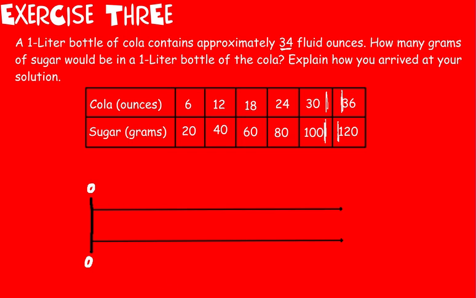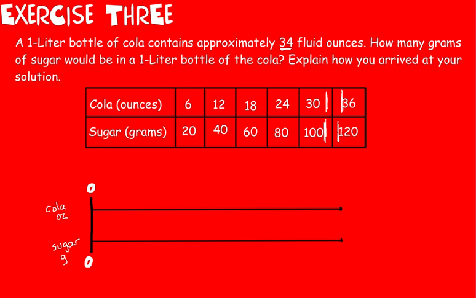But now here, since I'm giving them labels, I know that the top is going to be my cola, and it's in ounces, and the bottom is going to be my sugar, and it's in grams.